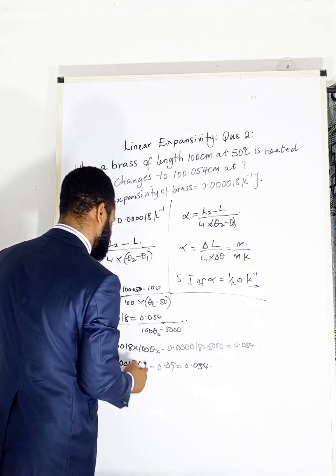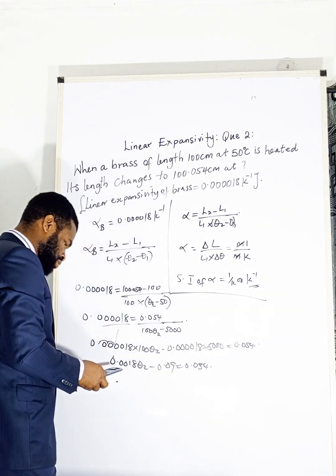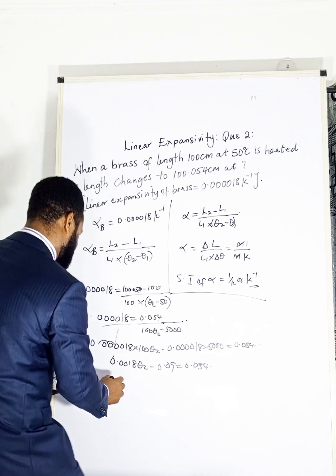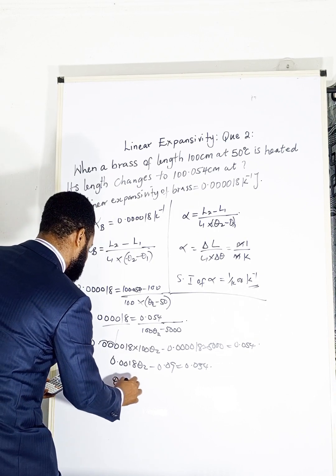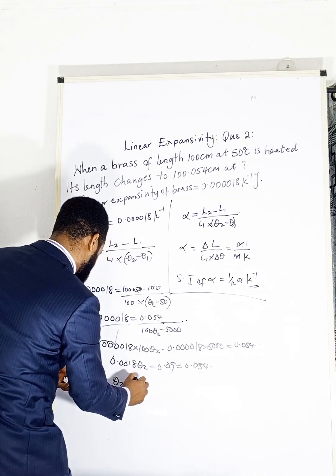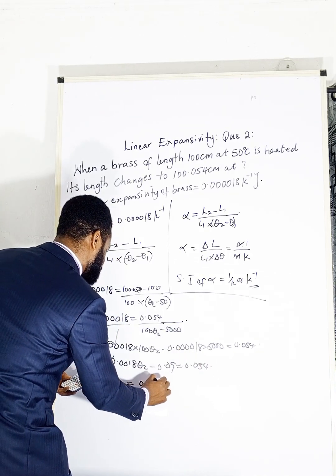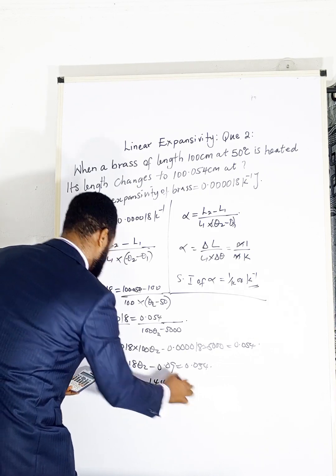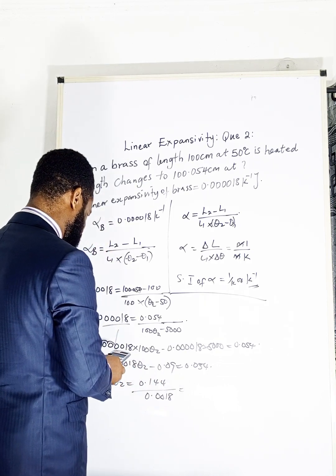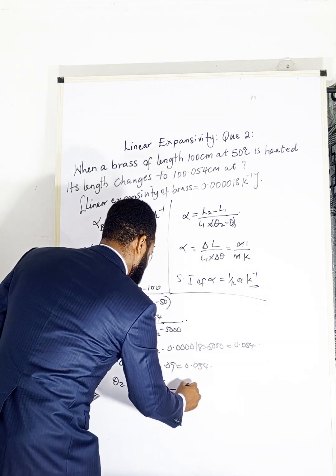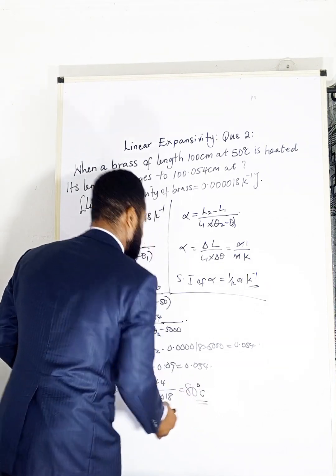All right. So this is going to add plus 0.09, and I have theta 2 is equal to, if I carry this across and add, 0.144 divided by 0.0018. And this is equal to 80 degrees Celsius.